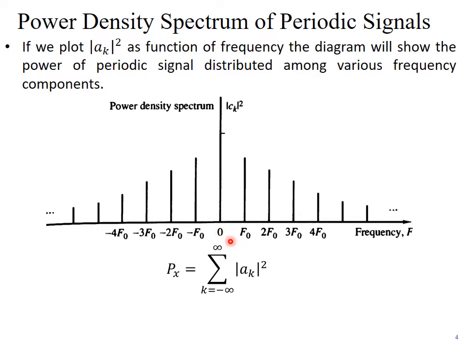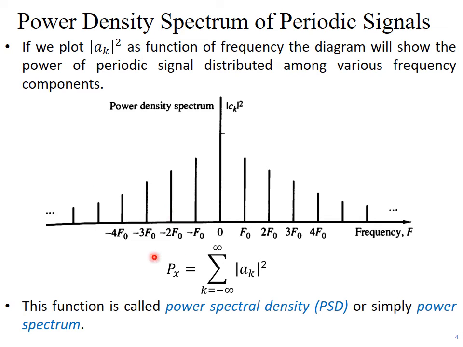For example, at k equal to 0 we have huge power, and at k equal to 1 comparatively smaller, and it is getting smaller as the frequency increases. So from the power spectrum you can determine at what frequencies the signal has more strength compared to other frequencies.